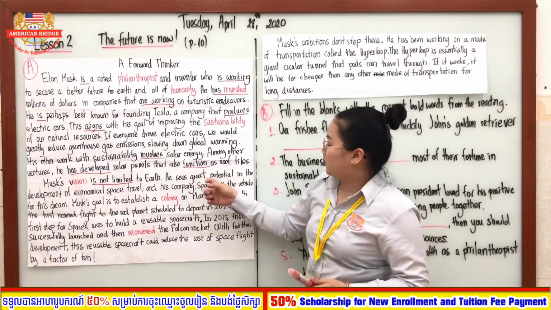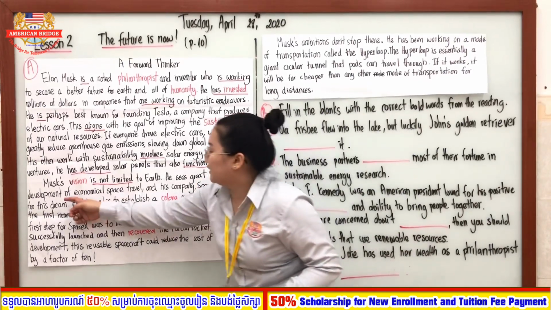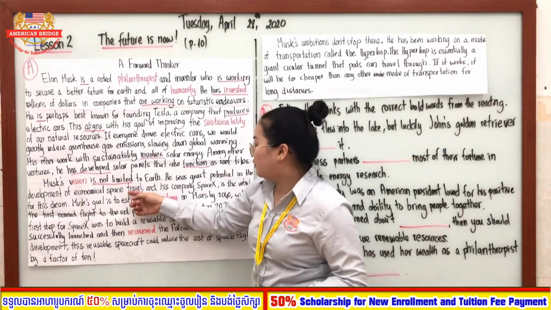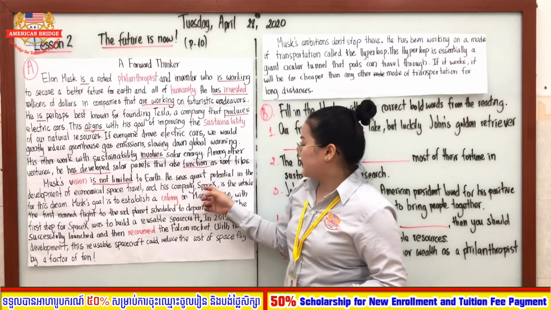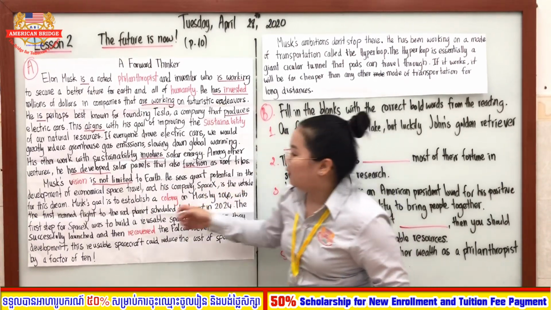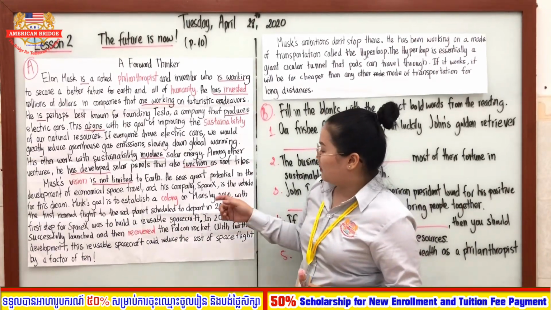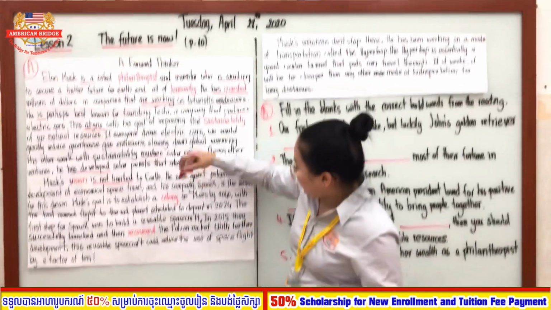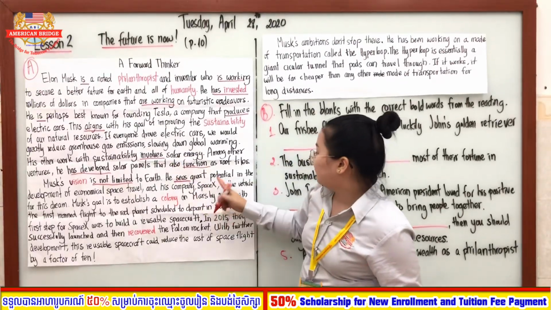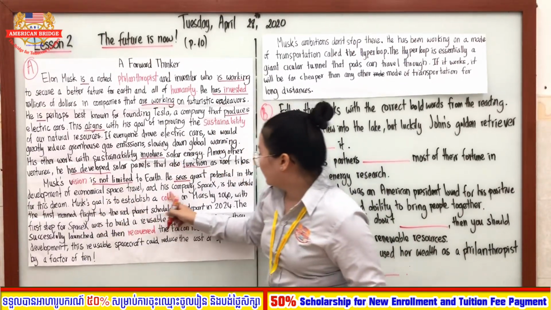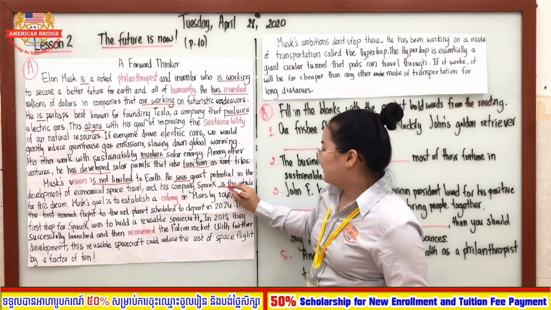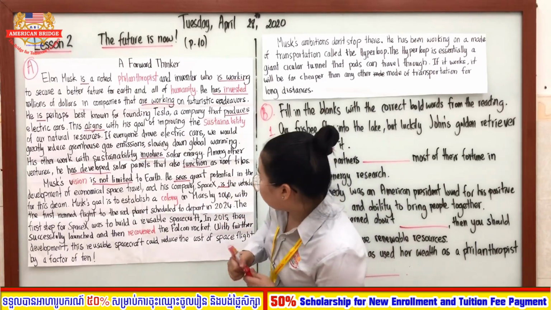He sees great potential in the development of economical space travel, and his company SpaceX is the vehicle for this dream. So let's find out the present tense verbs in this sentence altogether. The first one, sees, is, yep, that's it.